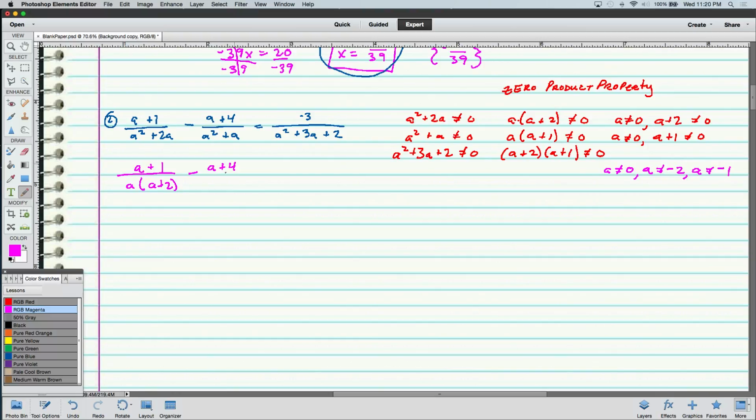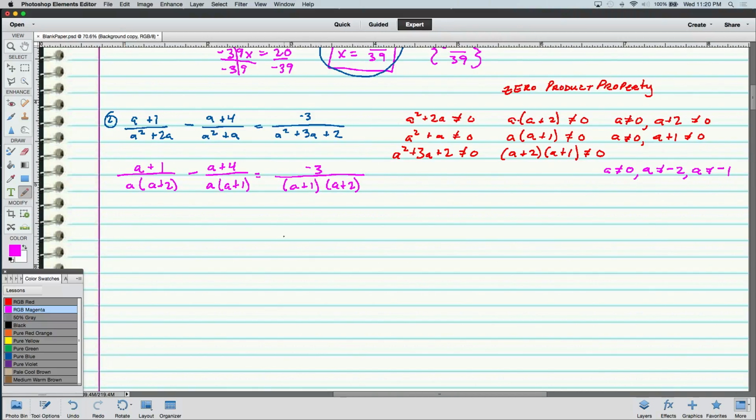So we have a plus 4 divided by a plus 1 equals -3 over a plus 1, a plus 2.